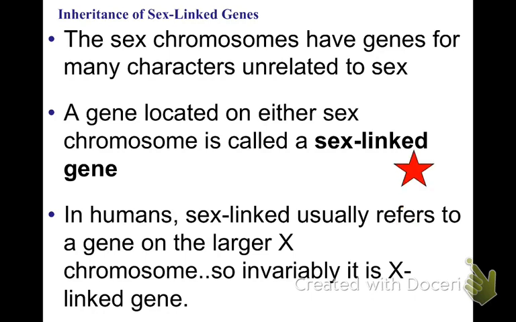Here you see the sex chromosomes have genes for many characters unrelated to the sex. So a gene located in either sex chromosome is called a sex-linked gene, or it is also called an X-linked gene. Now, other characters unrelated to sex that are present include one particular disorder called hemophilia.